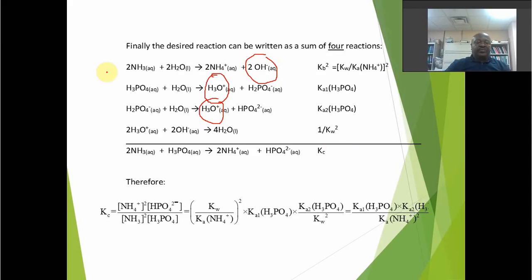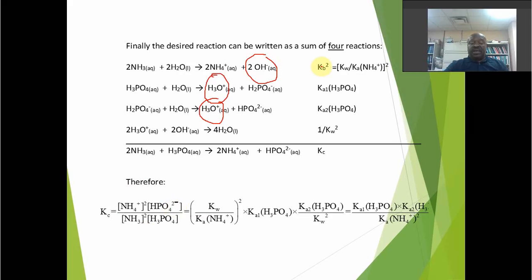Now, if I add up reactions 1, 2, 3, 4, they generate my net equation. And guess what? I have all the expressions here and have all the numbers for the right hand side. I can calculate Kc, which is equal to these here, and I have no way of determining those directly, at least at this point in time.